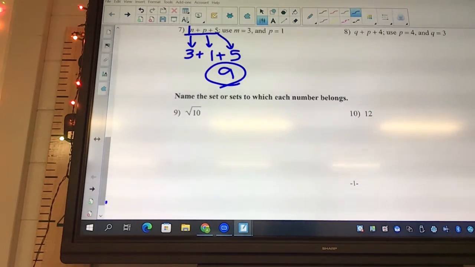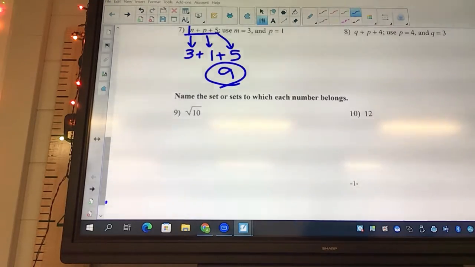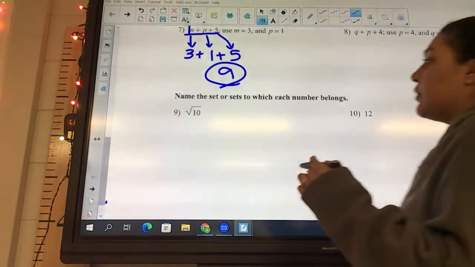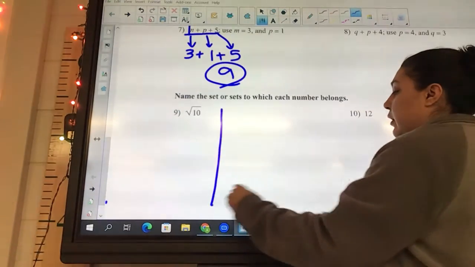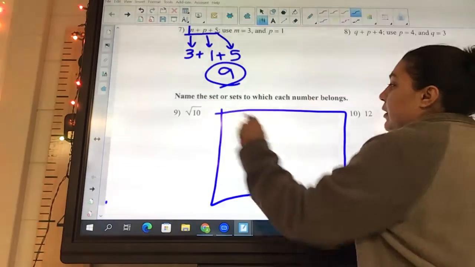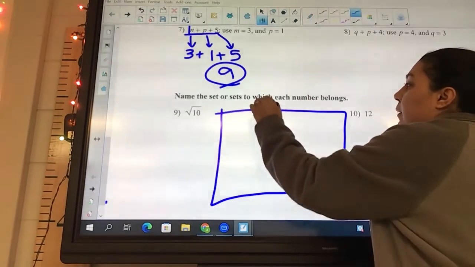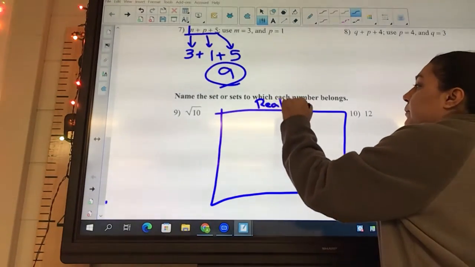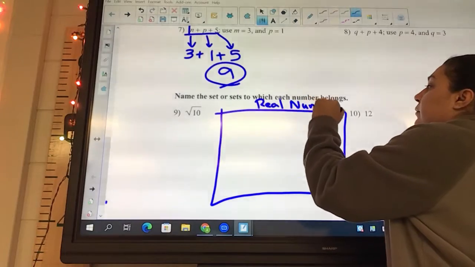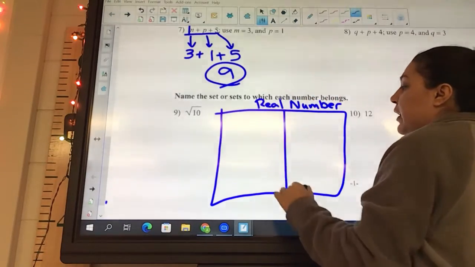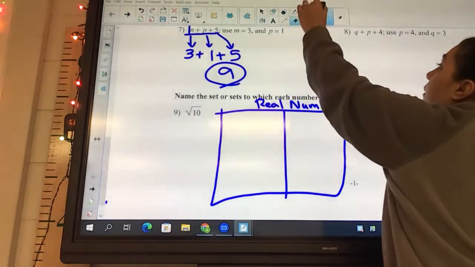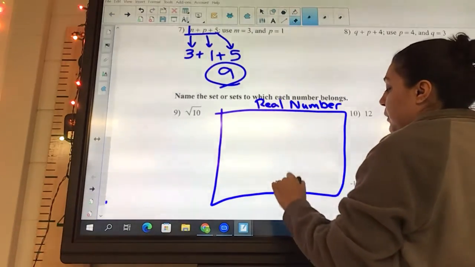Okay, name the sets to which each number belongs. Okay, I should have given you guys, I will tomorrow, that number chart. So remember we have this little chart and it looked like this, and you can draw it on your paper, that way you don't have extras, but all numbers are real numbers. Okay, and then of those we have 2 types. Does anybody remember what they are?